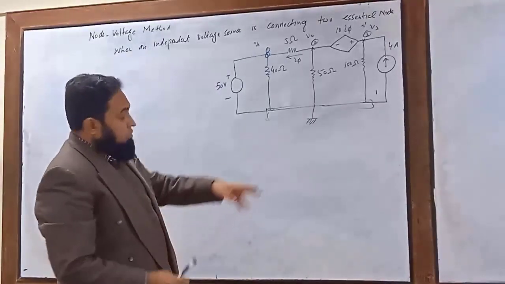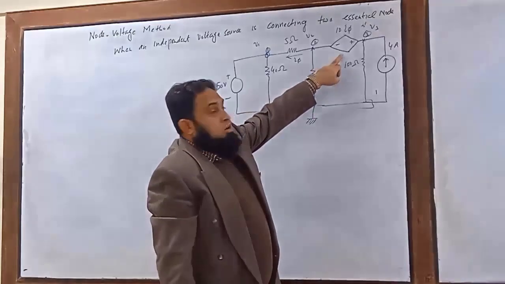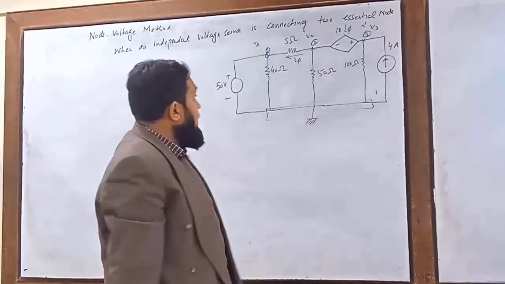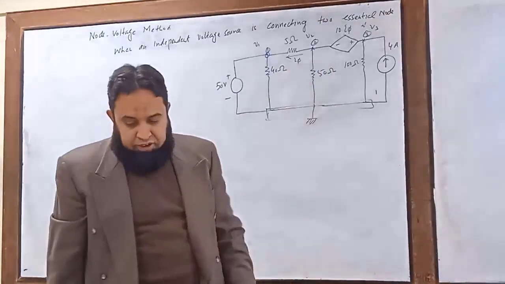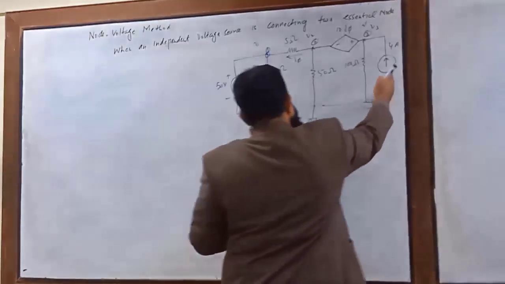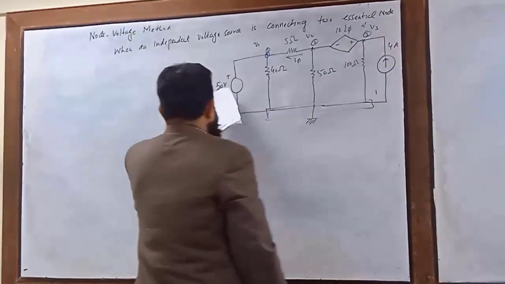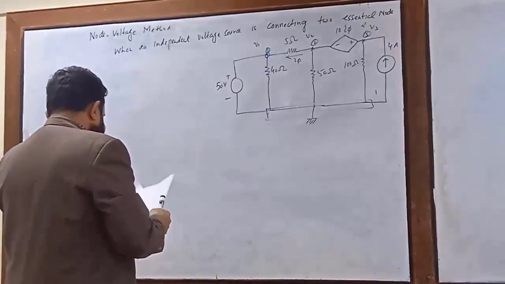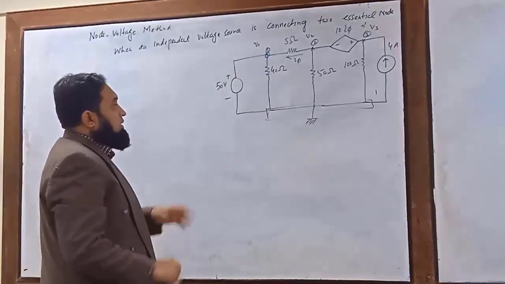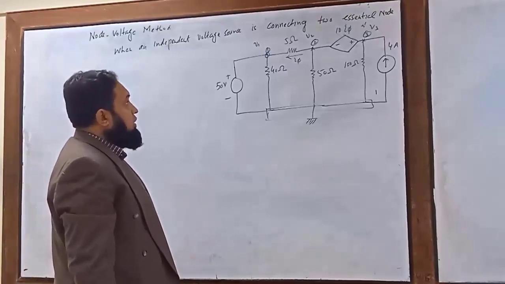Now, we have this current controlled voltage source, so it is a dependent voltage source, controlled by I5. There is a 4 ampere current like this, and a 50 volt source. So simply start analyzing this circuit with the node voltage method.